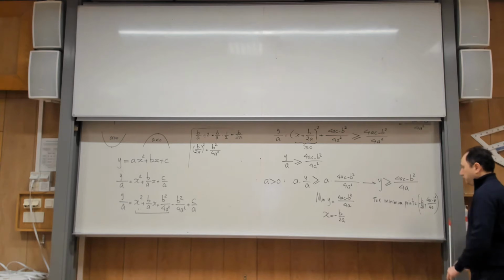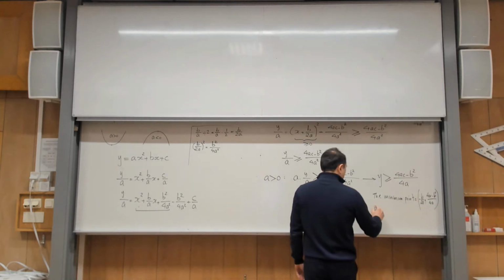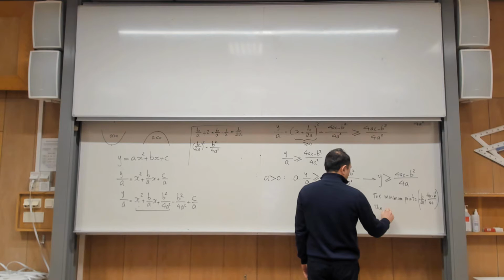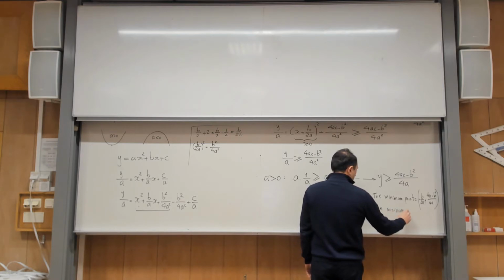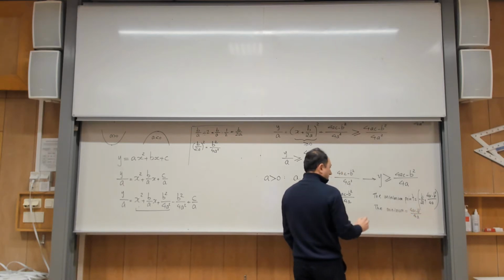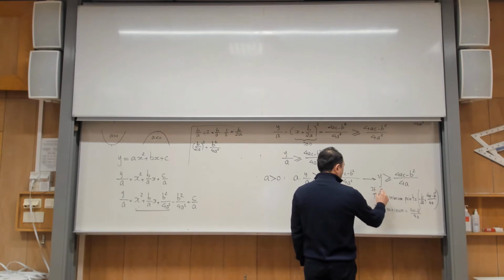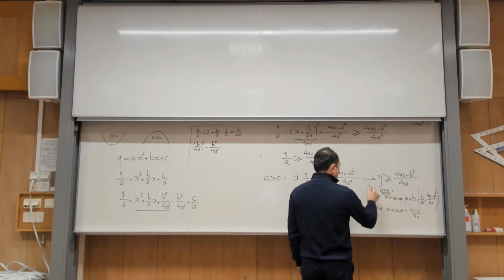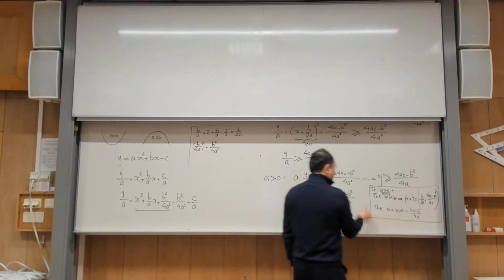This is the minimum point. The minimum value is equal to 4ac minus b squared over 4a. So if a is positive, let me underline this. This is just the summary.